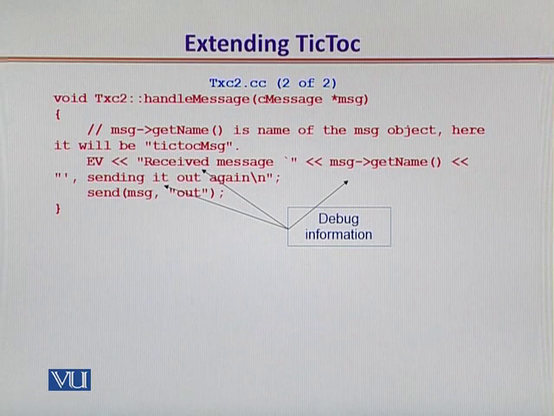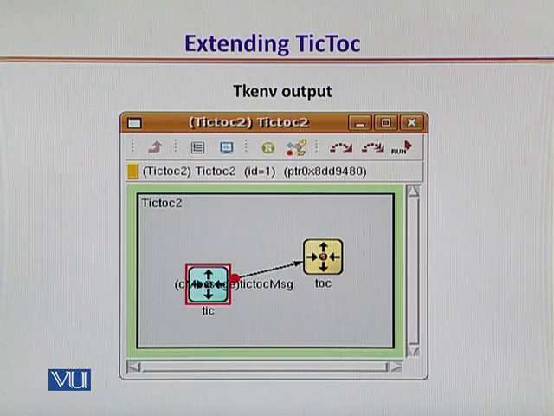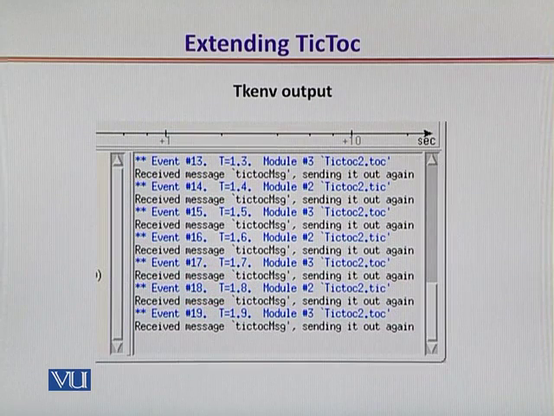So it shows received message TikTok and sending it out again. This simulation run is showing you what we have actually desired. And looking at the detailed debug information, we see that the event number is shown, the time is shown, and here it shows to you the debug information as the received message TikTok in single quotes, and sending it out again.